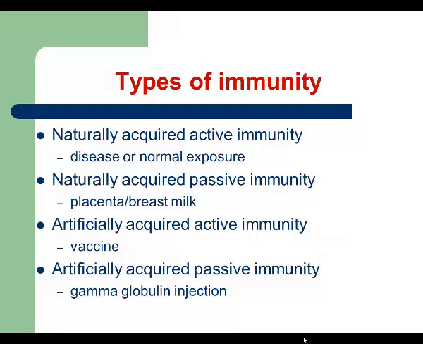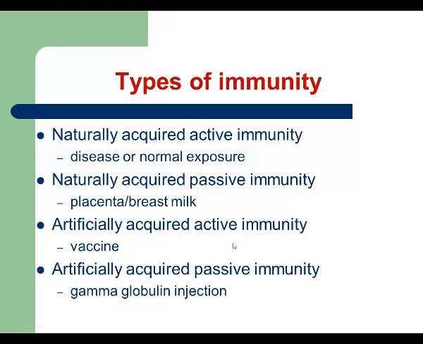This slide once again repeats 4 types of immunity you have to know and their main characteristics. For example, naturally acquired active immunity. An example will be exposure to the infection. Naturally acquired passive immunity. Example can be immunoglobulins that cross placenta and immunoglobulins that newborn children get with the breast milk.